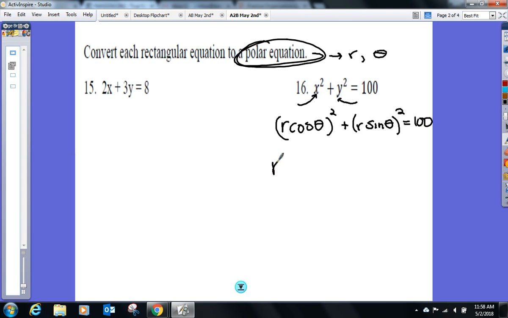The R gets squared and the cosine gets squared. The R gets squared, the sine gets squared. See anything in common on the left and right side of the plus sign? I can take out an R squared. Yep, let's go. R squared.